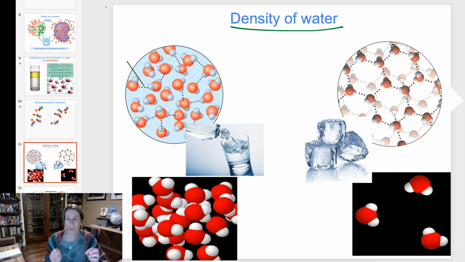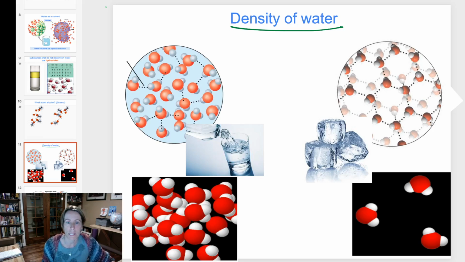But those attractions are weak, and those are often broken and reformed. So if I am an individual water molecule, I could be making 4 hydrogen bonds this way, and then that way, and then over here and up there. So I'm making 4 hydrogen bonds always, but they're not always in the same direction or to the same molecule, and they're constantly breaking and reforming. But 4 attractions per each individual tiny water molecule is a lot. All right, so this is why these are significant when you have a lot of them working together.